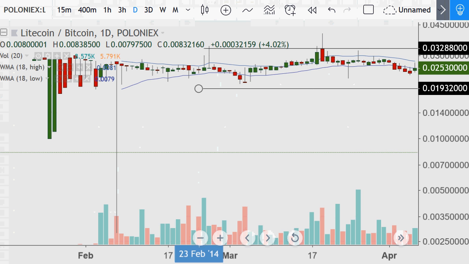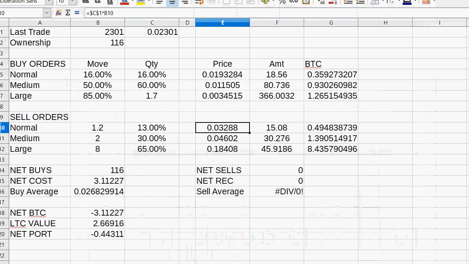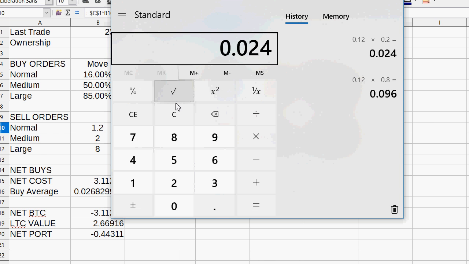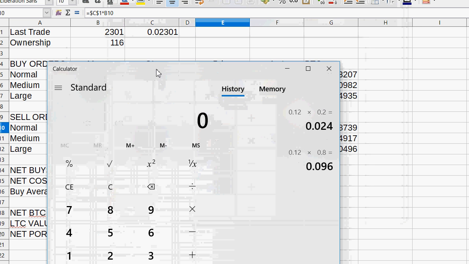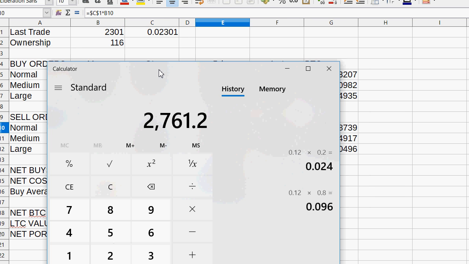We already have $32.88. It should be lower than that. For if we traded at 2301, that should be 2761.